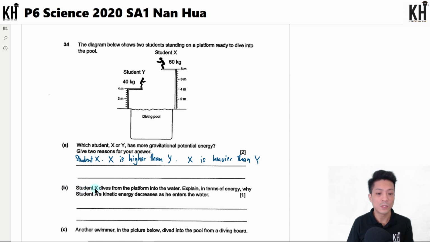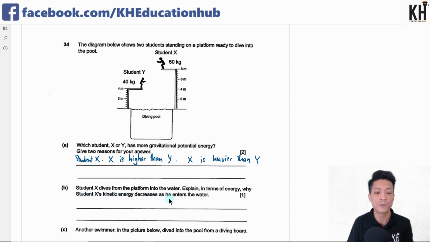For part B, student X dives from the platform into the water. Explain in terms of energy why student X's kinetic energy decreases as he enters the water.